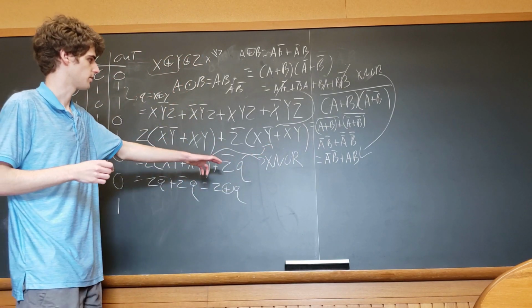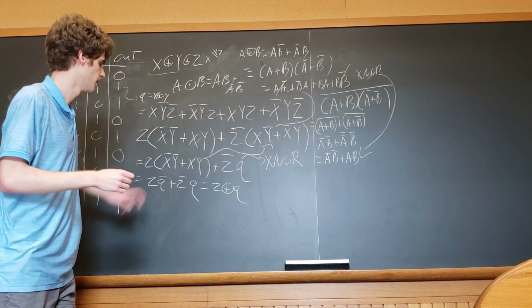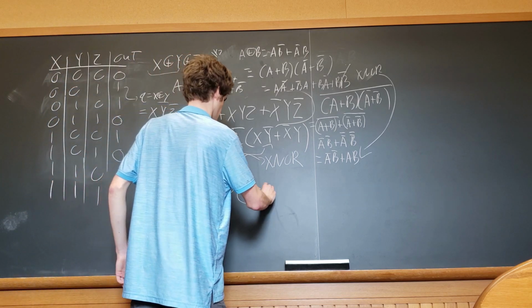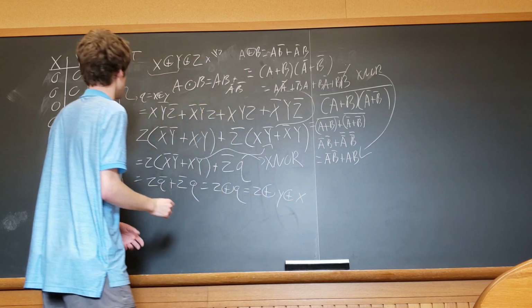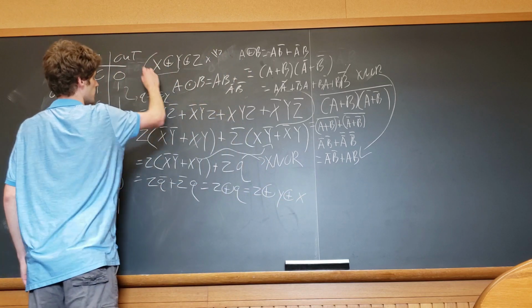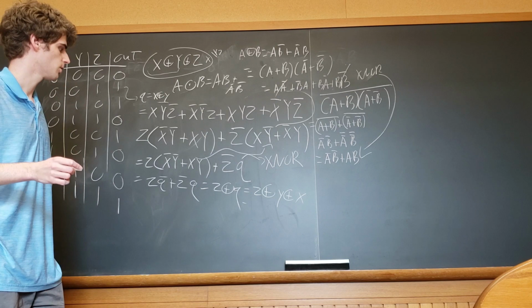So Q is equal to X XOR Y. And so this equals Z XOR Y XOR X, which is exactly what we wanted to get in the first place. So we are good to go.